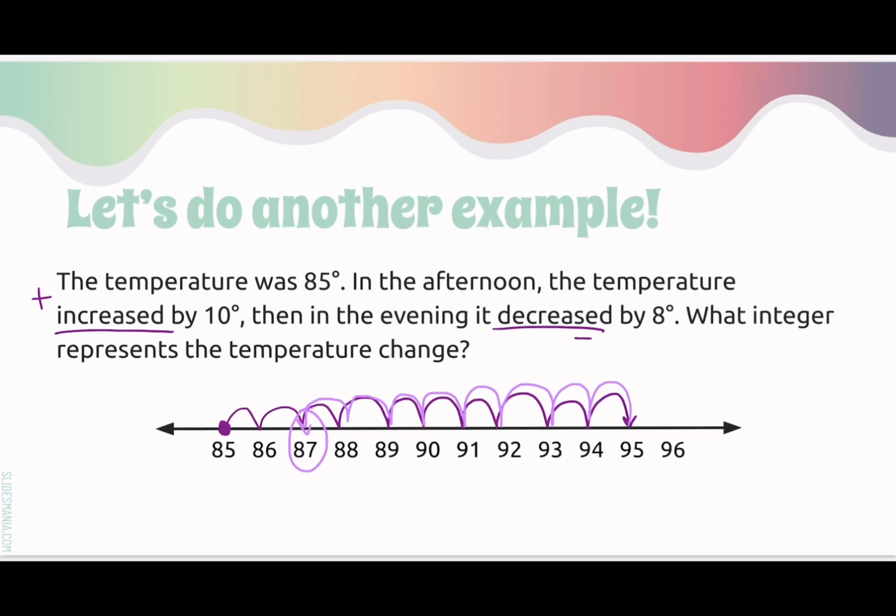You may be thinking, Mrs. B, this is easy. It's 87 because that's the temperature at the end of the evening. However, that's not the question. It's asking about the change that happened. Well, from start to finish, only a 2-degree difference. So the integer that represents the temperature change is actually 2.